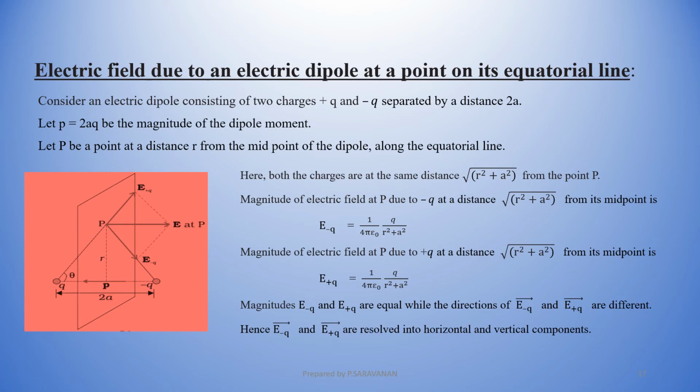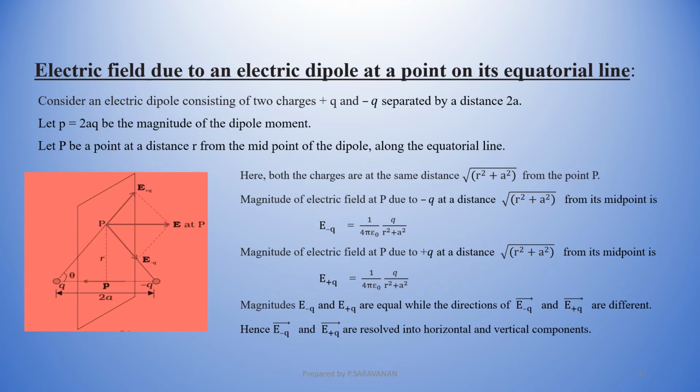Yes, that vector P is only the dipole moment vector. It always acts from minus q to plus q. Okay, from the midpoint of the dipole, above that, can you see a point P? Yes, that is the point P lying on the equatorial line. We want to find the electric field at this point P only.